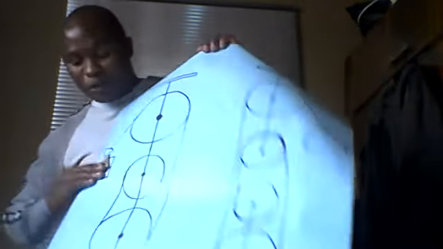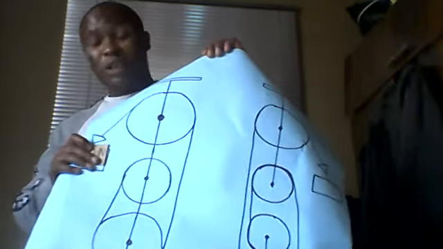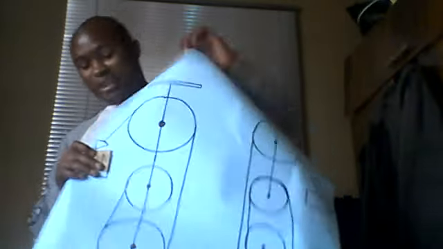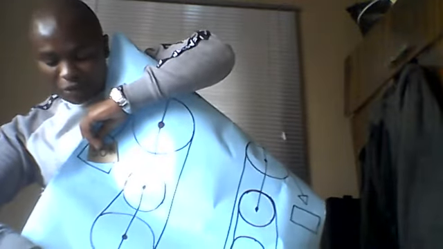So basically, a pulley is something that looks like this. For instance, we can use 50 newtons. That is how you calculate a pulley. We can use 50 newtons, then we can use 200 newtons.